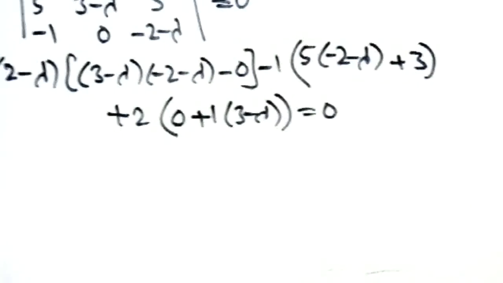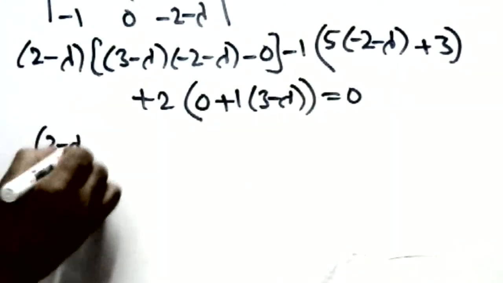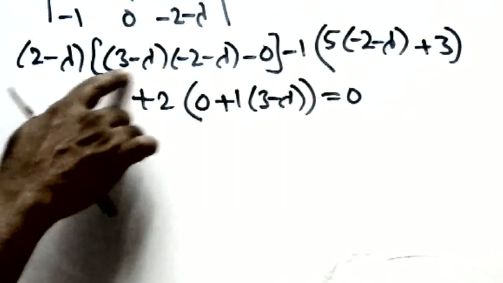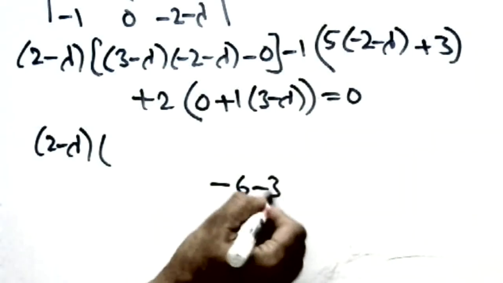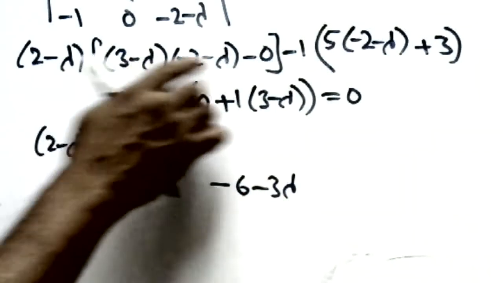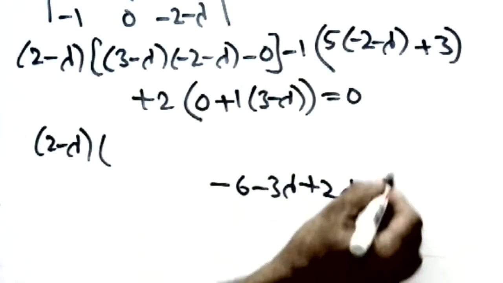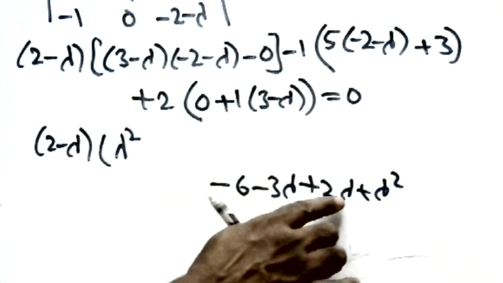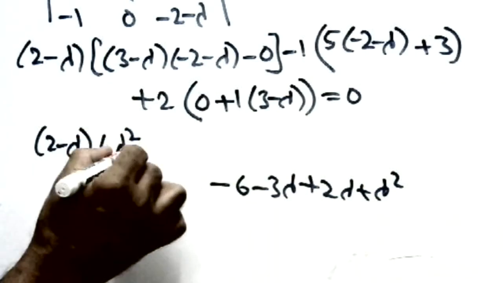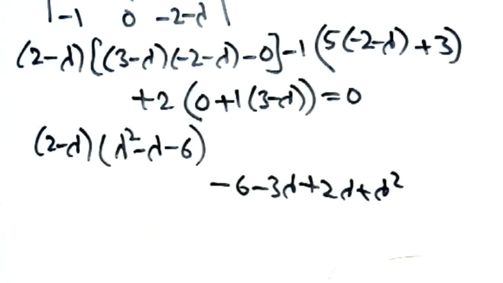Now let me solve this one. See the next continuation. Now 2 minus lambda into, if you multiply plus into minus, this will be minus 6 minus 3 lambda minus 6 minus 3 lambda, minus into minus plus 2 lambda, minus into plus lambda square. So I'm writing first lambda square, then minus 3 lambda plus 2 lambda will be minus lambda, now minus 6.